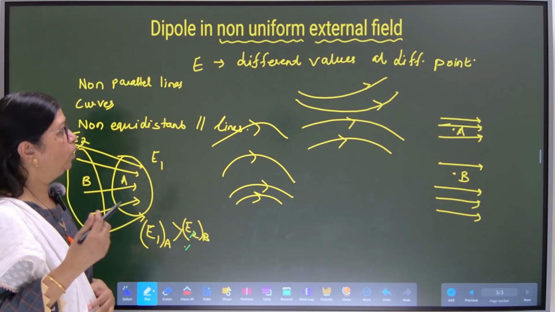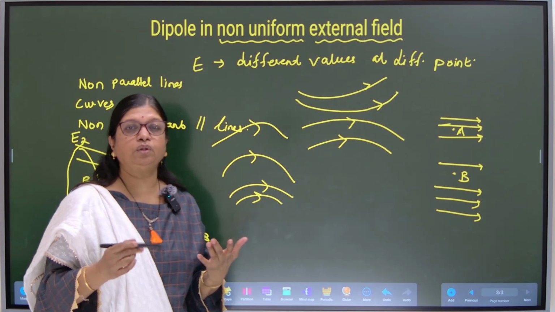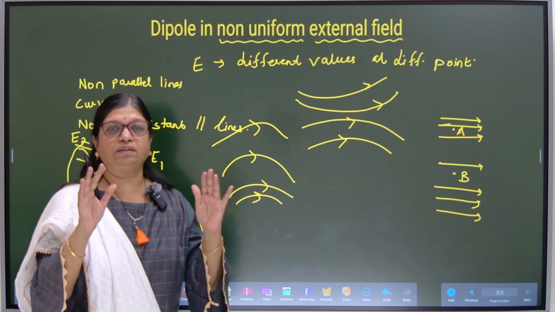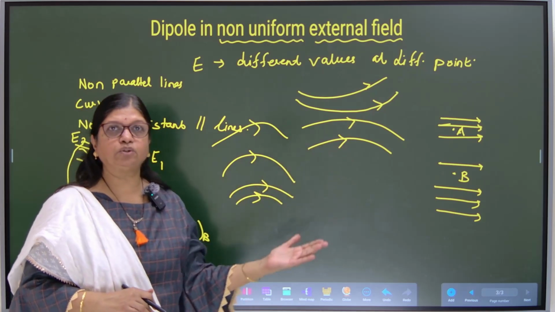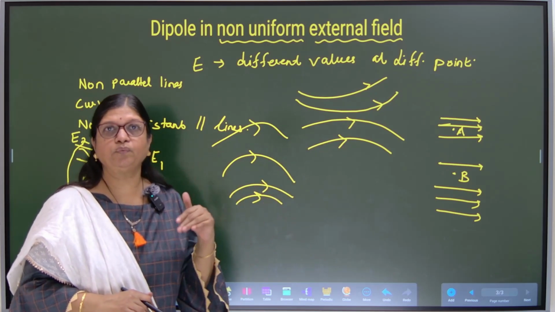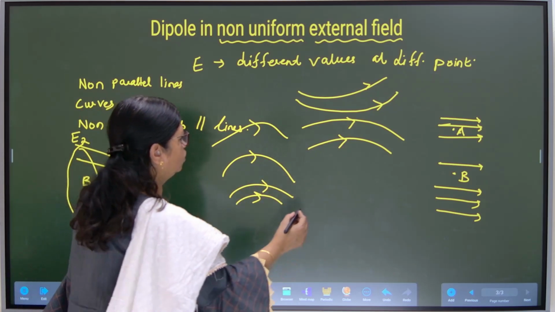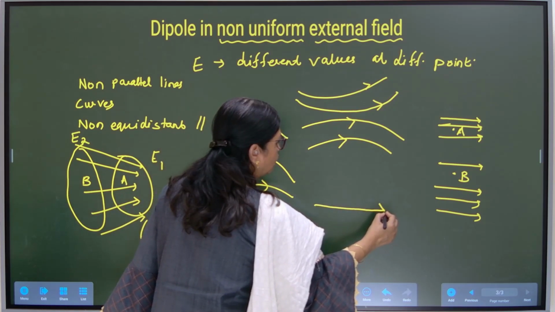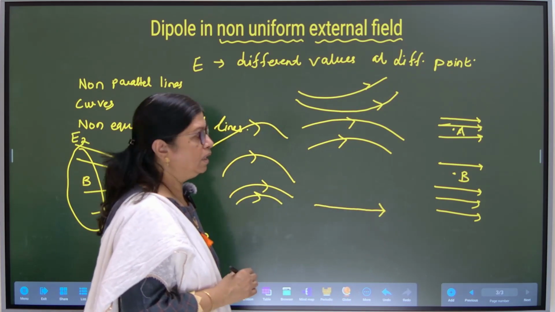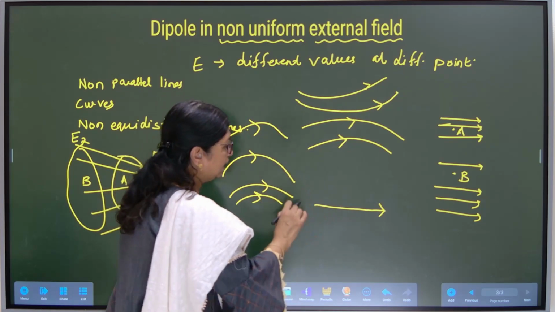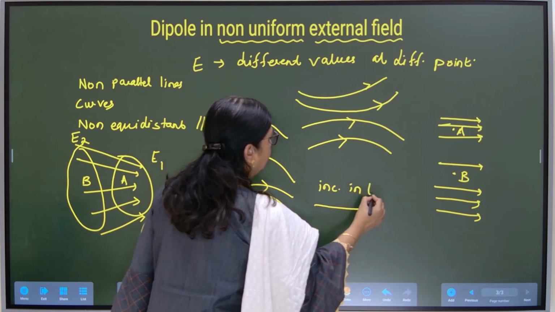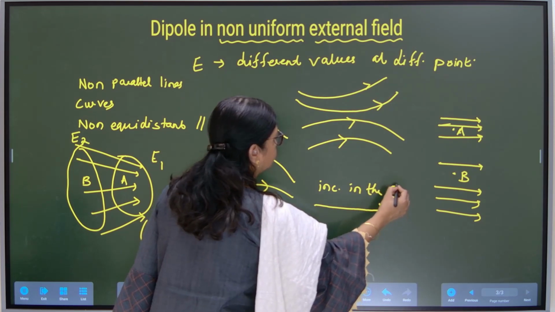Okay. Now, when we want to represent it as a single field, do we draw all these together? No. How do we do it then? We just draw one single arrow or a single line representing the increase in the electric field value.